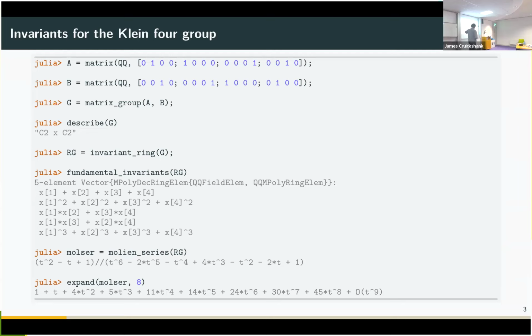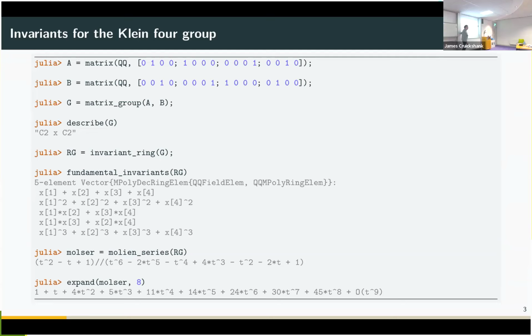So in fact, the polynomial ring is a graded vector space, and the group acts on subspaces of fixed degree, and the dimension of invariants in each degree is given by the series. We see that in this case the Molien series starts with 1.